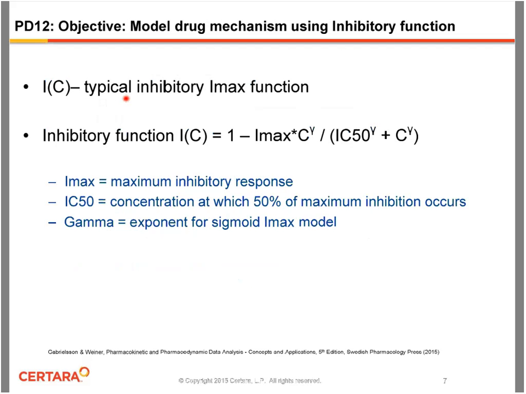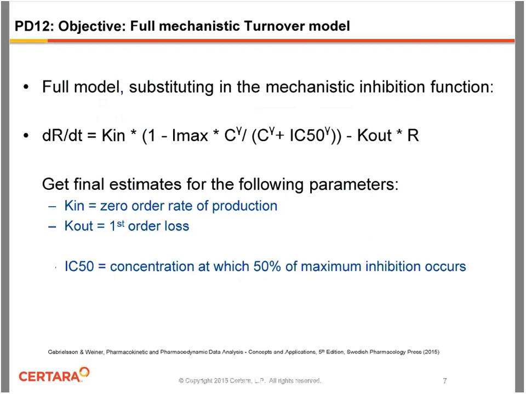So our I of C is a typical inhibitory Imax function, where I of C equals 1 minus Imax times concentration to the gamma, divided by IC50 to the gamma plus concentration to the gamma. So the concentration is driving the inhibition function, which then inhibits the rate of production in the indirect model.